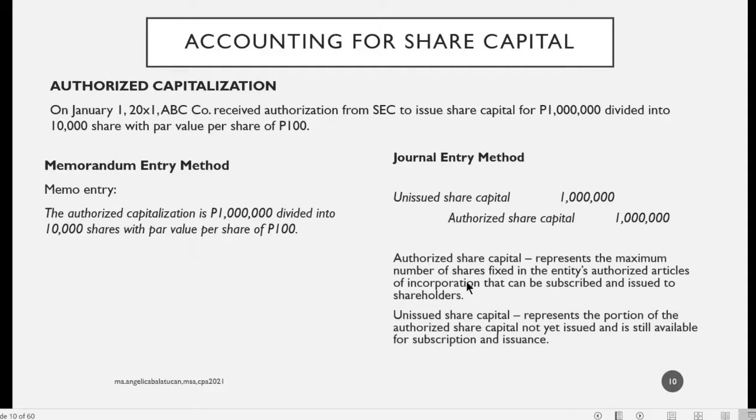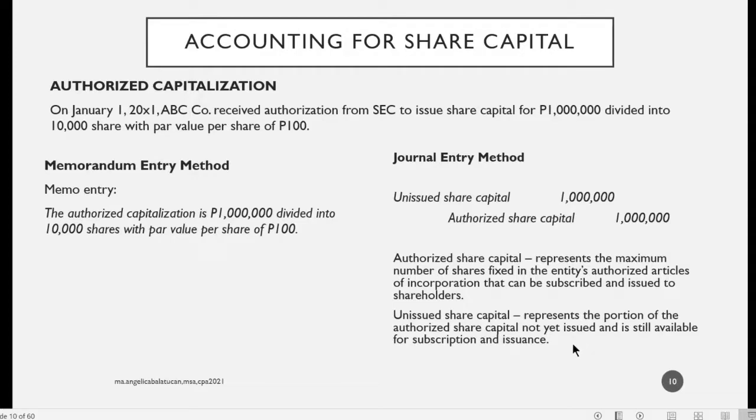So the authorized share capital represents the maximum number of shares fixed in the entity's articles of incorporation that can be subscribed and issued to shareholders. So this is the maximum number of shares that you can sell. The unissued share capital represents the portion of the authorized share capital that is not yet issued and still available for subscription.